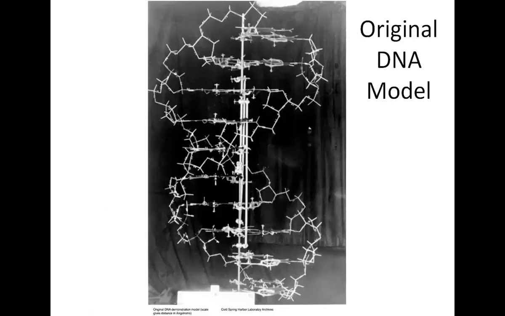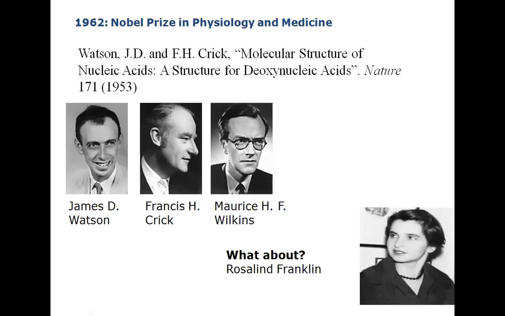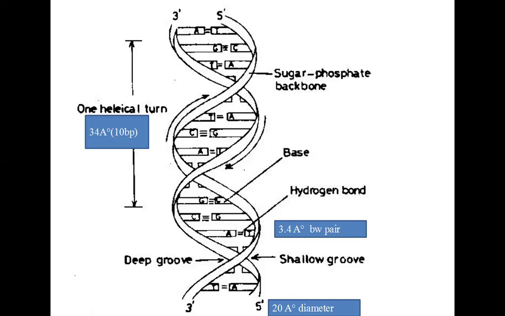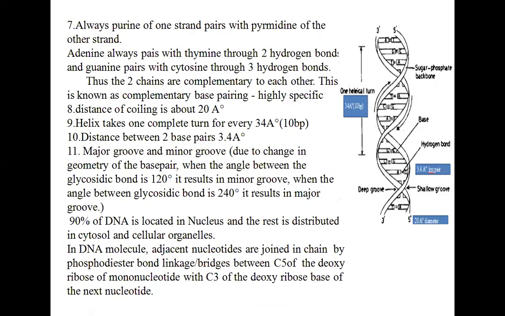And this is the original DNA model, which was given by Watson and Crick. Here you can see the young Watson and Crick with their original model, how they constructed it. They received the Nobel Prize in the year 1962, and this is the basic general structure and characterization of the DNA model. This DNA model is also the B form of DNA, and further characteristics are given.